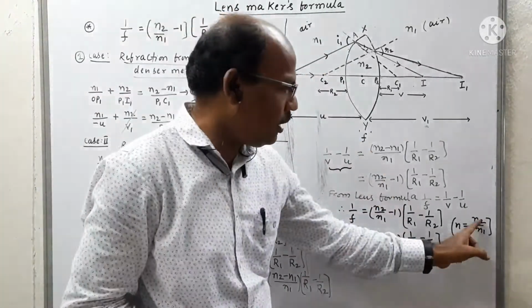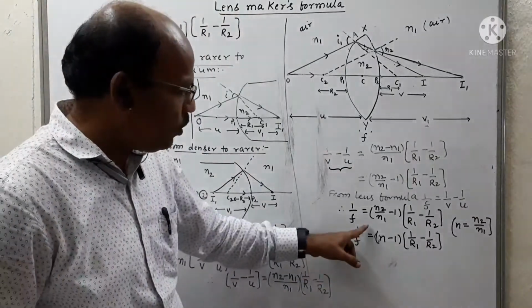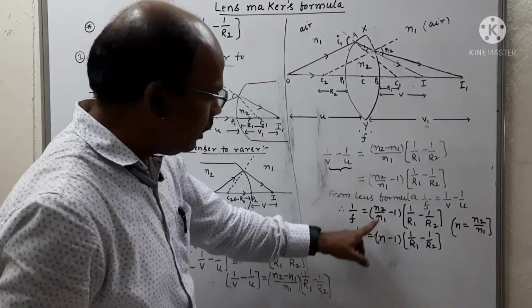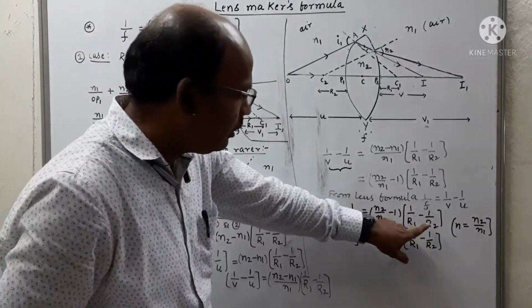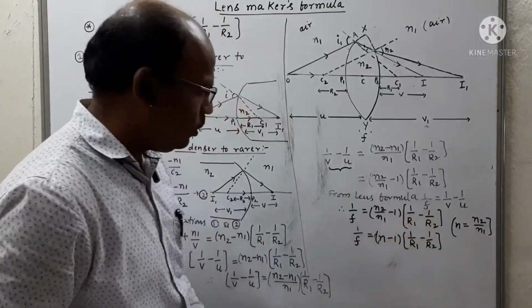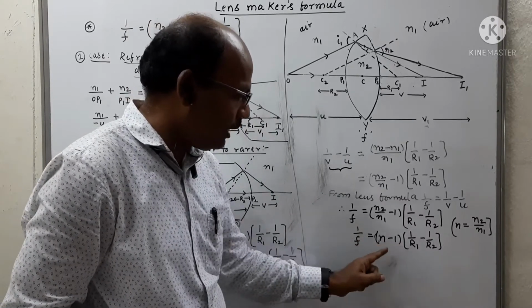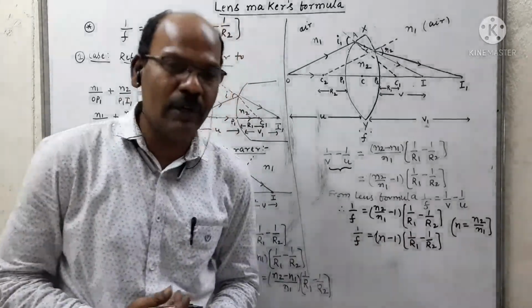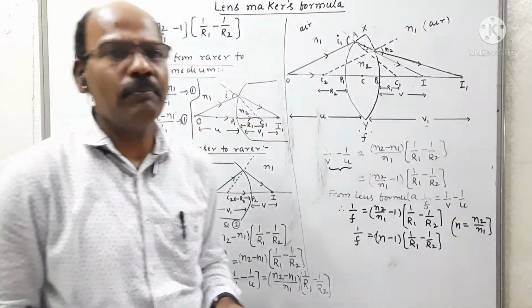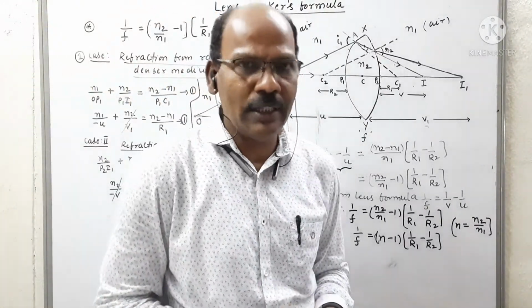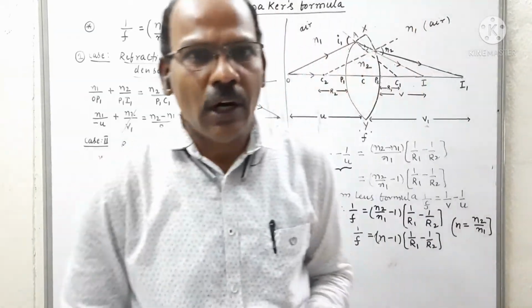So the lens maker's formula is 1 by F is equal to (n2 by n1 minus 1) into (1 by r1 minus 1 by r2), or we can write 1 by F is equal to (n minus 1) into (1 by r1 minus 1 by r2). This is a very important formula for board examinations and competitive examinations.